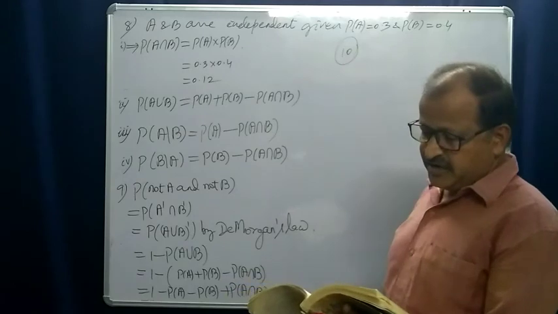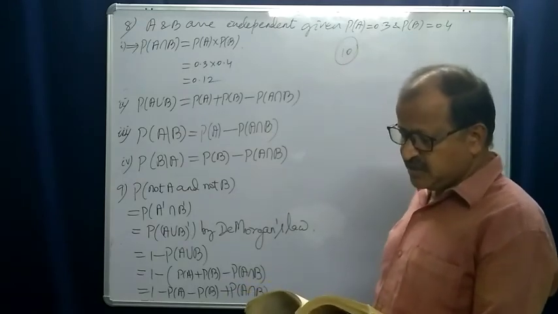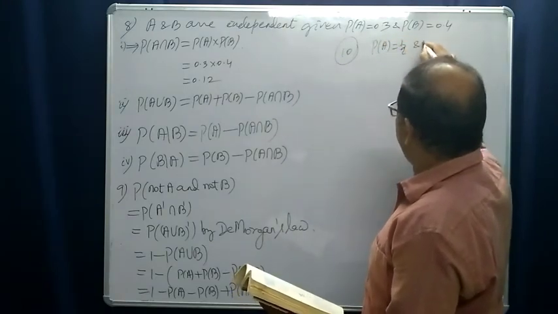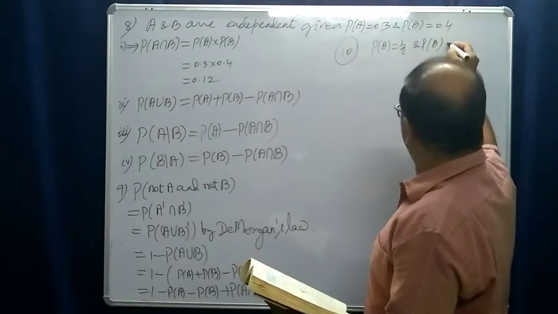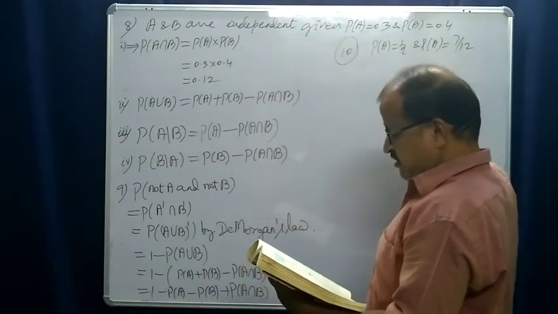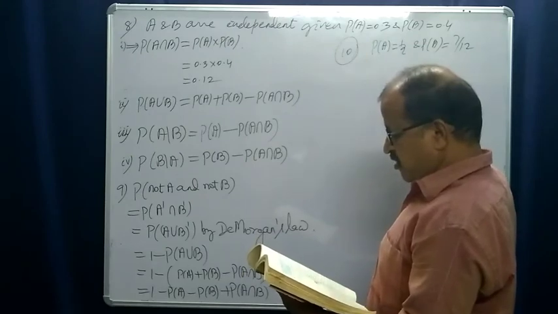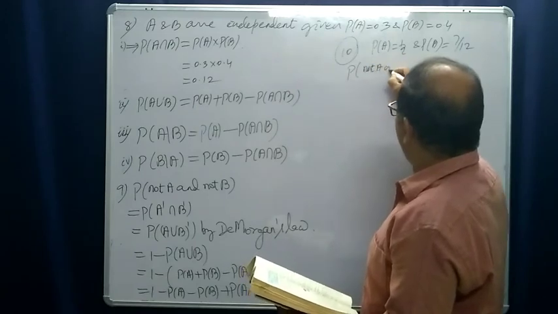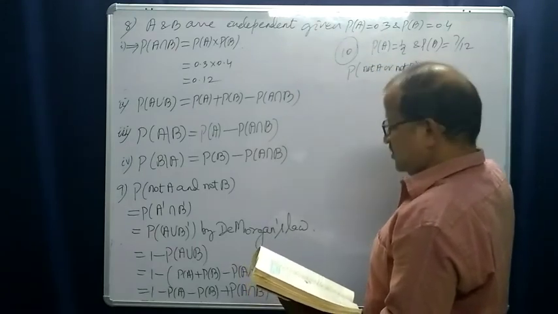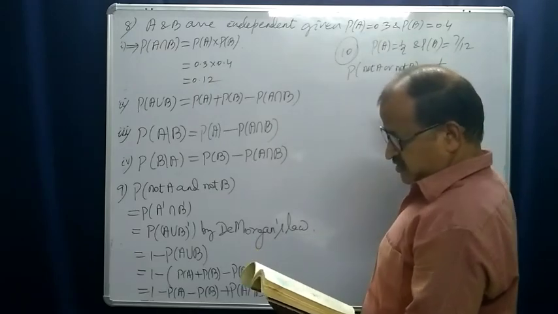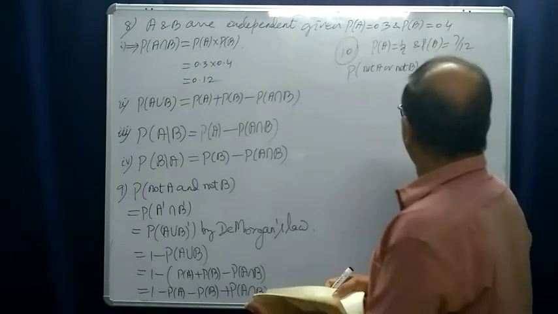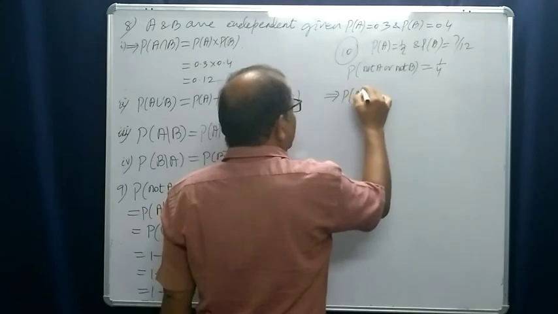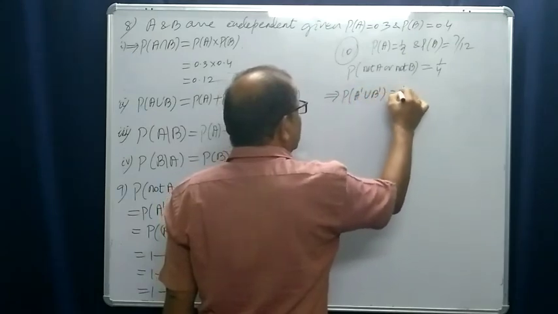Then question number 10. Events A and B are such that the probability of A is 1 by 2, the probability of B is 7 by 12, and the probability of not A or not B is equal to 1 by 4. State whether A and B are independent or not. Let us see. The probability of not A or not B means the probability of A complement union B complement is equal to 1 by 4.